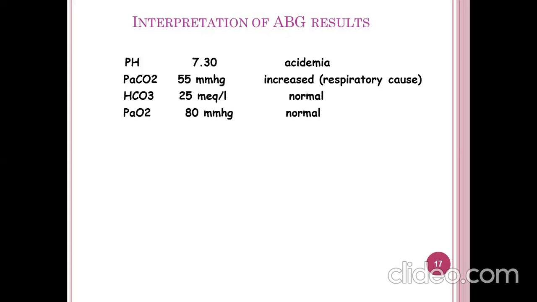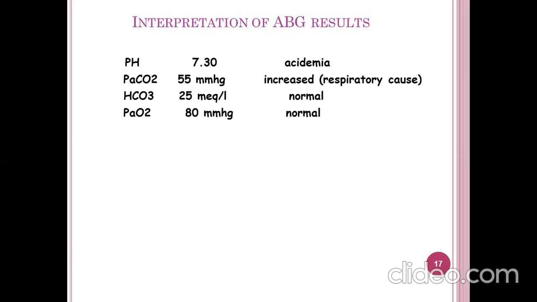So what is the normal range of partial pressure of oxygen? 80 to 100 mmHg. And what is the normal range of bicarbonate? I already informed you. 22 to 28 milliequivalent per liter.